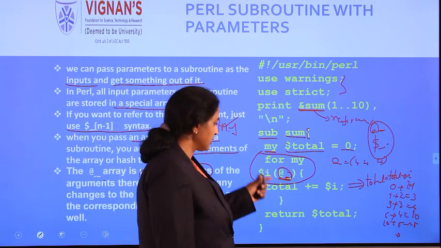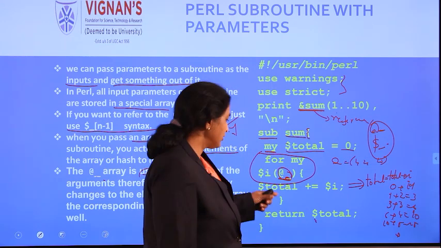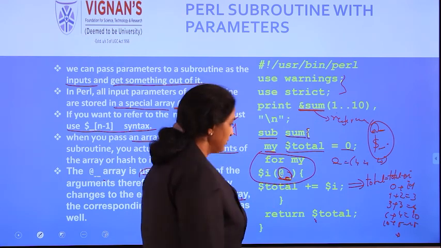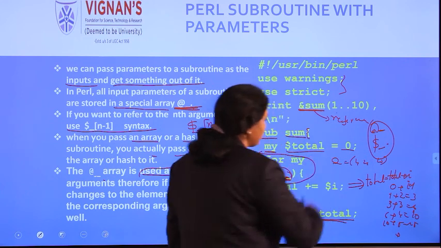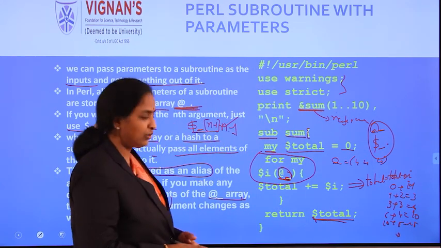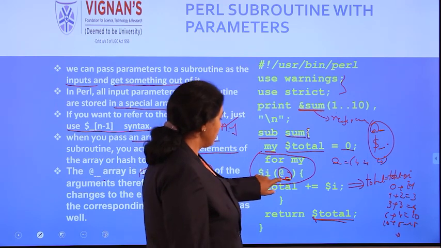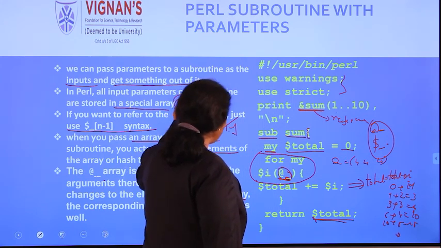Finally, what you are returning is the total. Whatever your total contains is written to your screen. That is what is happening here. Please remember how this program is working. I think you understood well. So here we are passing the parameters as I already mentioned, and this is the default way of passing the parameters.